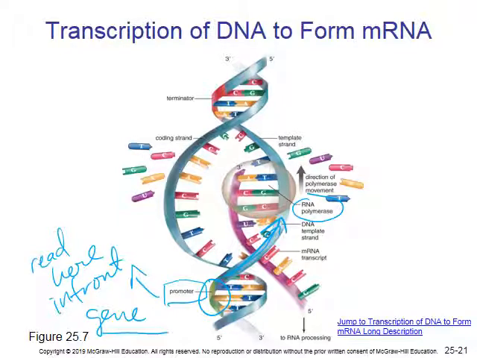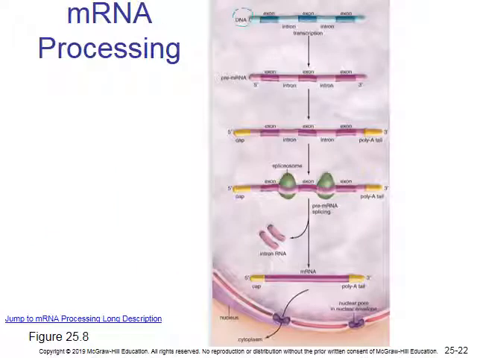So if it reads a C on the DNA, the RNA is going to pull a G nucleotide. If it sees G, it's going to have a C. If it sees T, it's going to pull an A. And then the RNA polymerase links all of these nucleotides together. We started with our DNA and a gene, and we've transcribed it into messenger RNA.